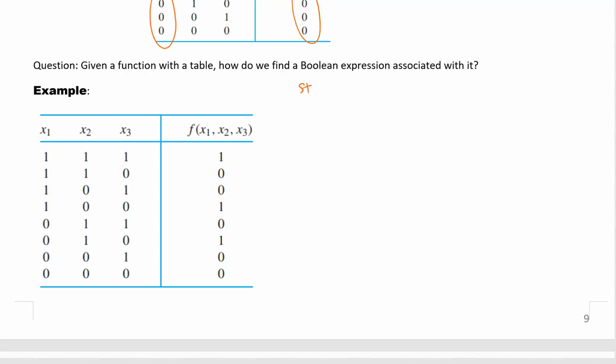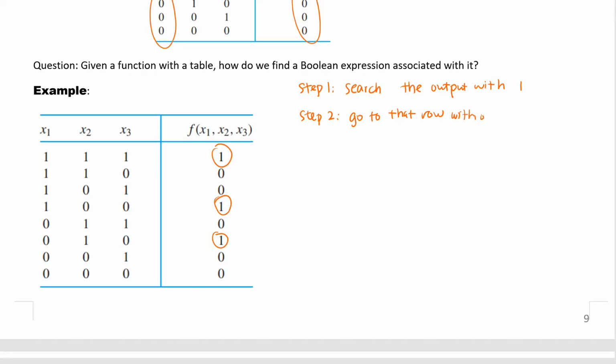Step 1, we want to search the output with 1. Which are the rows such that the output is 1? This one and this one, right? This is step 1. Then step 2, go to that row.